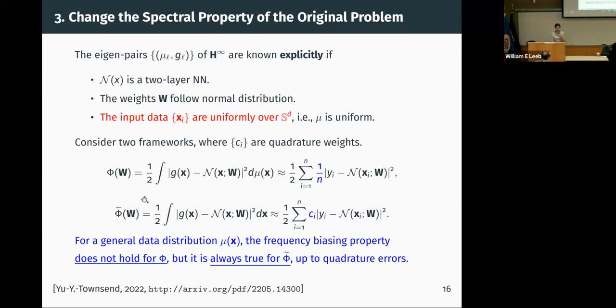But if you use the second one, the tilde one, as your objective function, you pay a little bit more. You no longer have this 1/n weight that you don't even have to think about. You need a quadrature weight that you compute in certain ways, depending on how high order you want. But if you stick to this discrete level with the continuous analog, you will still have frequency bias up to quadrature errors.